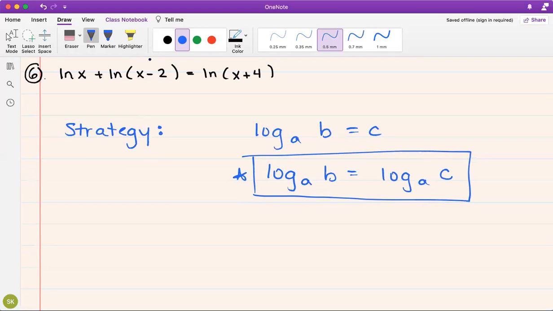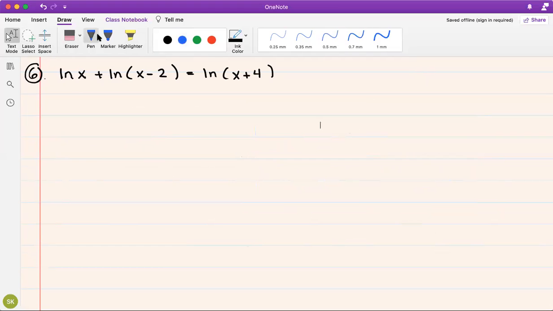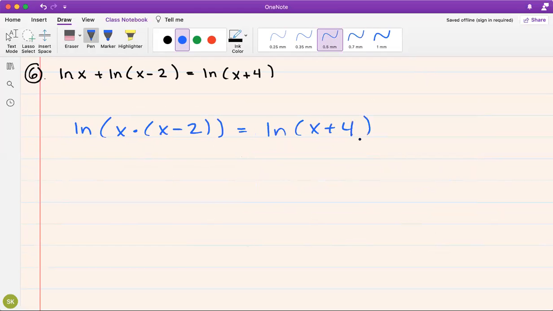So for our particular example, you can see that on the left-hand side, we get ln of x times x minus 2, because this is a plus, and then we get ln of x plus 4. So now that we have just one log on the left-hand side, and one log on the right-hand side, we can cross these out, and we get x times x minus 2 is equal to x plus 4.